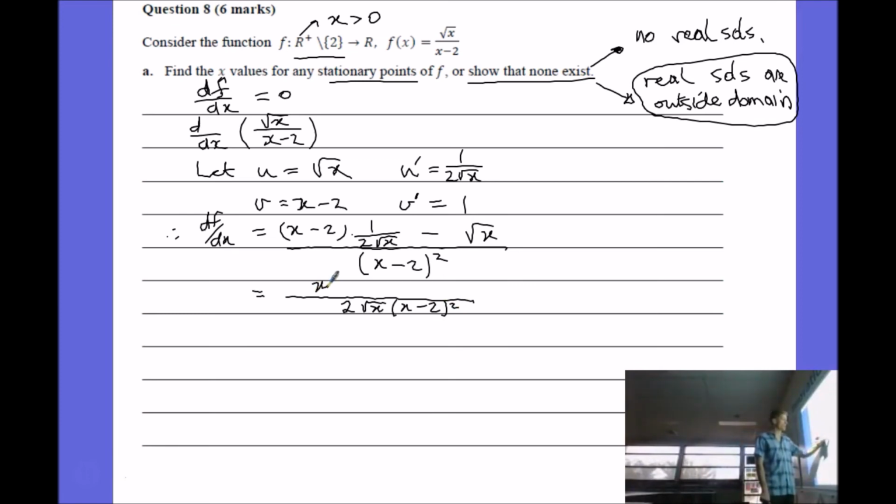So we'll have x minus 2, subtract, we've got to get the square root x with this denominator first of 2 square root x. So we have to multiply by that onto our square root of x. 2 times the square root of x times square root of x is just x, all times 2. You can see this goes to negative x minus 2 over.